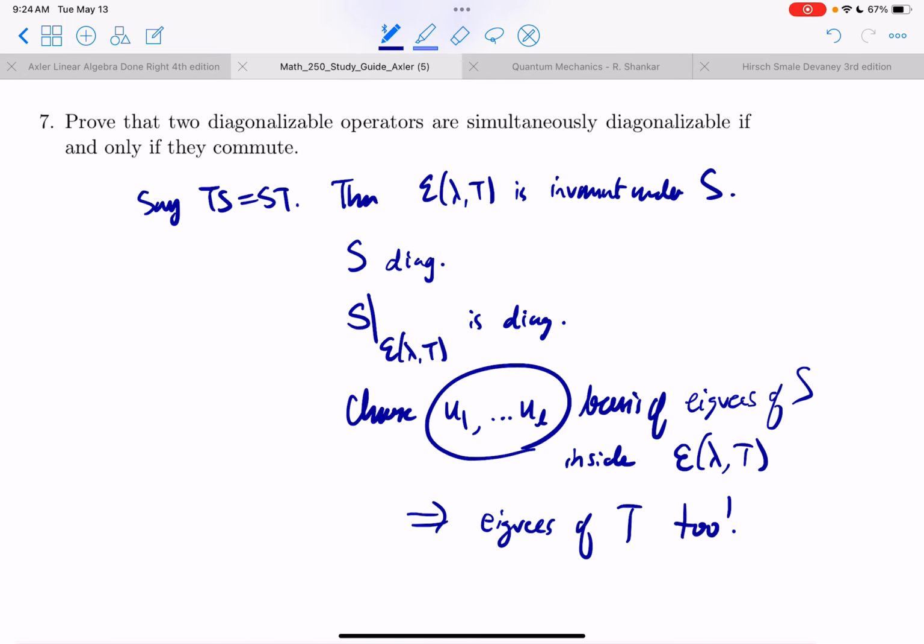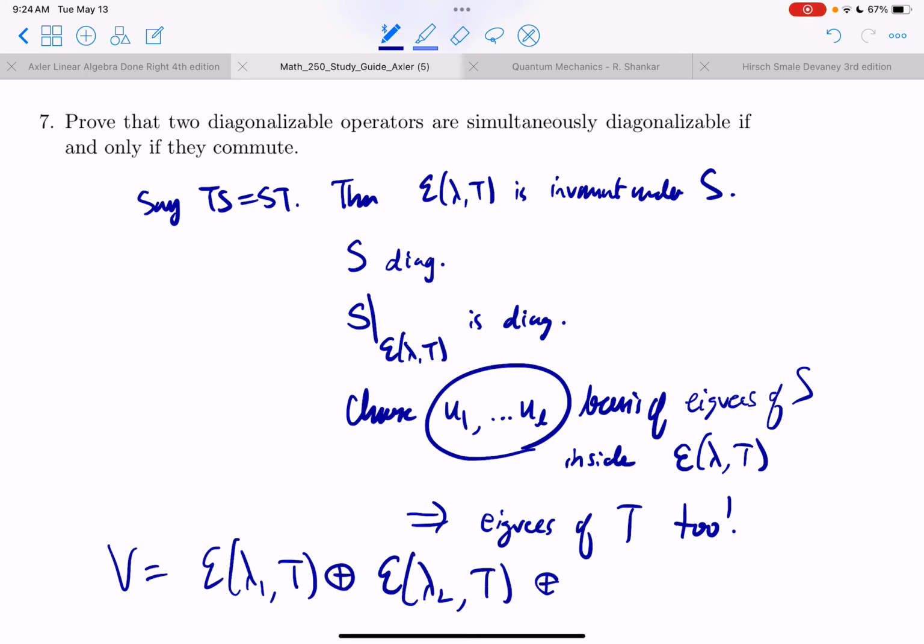Okay. Now, T is diagonalizable, so the whole space V can be written as a direct sum of all the eigenspaces.